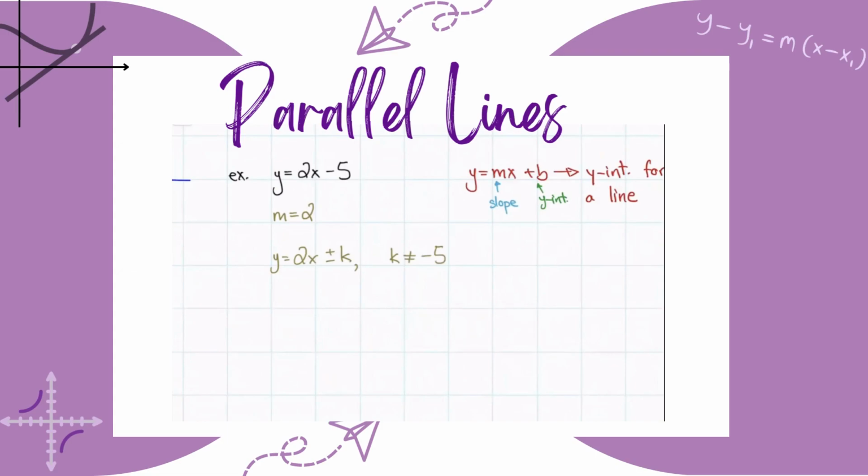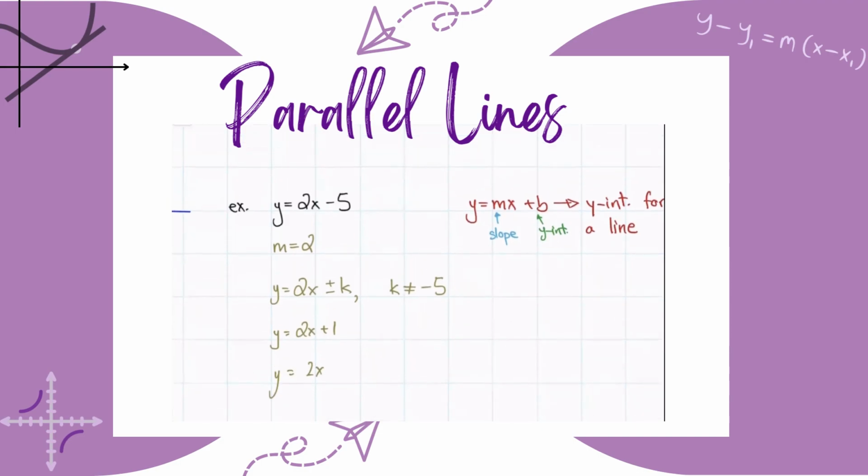So you could have said something like y equals 2x plus 1, or y equals 2x plus 0, which is just 2x. That value could be any number other than -5.